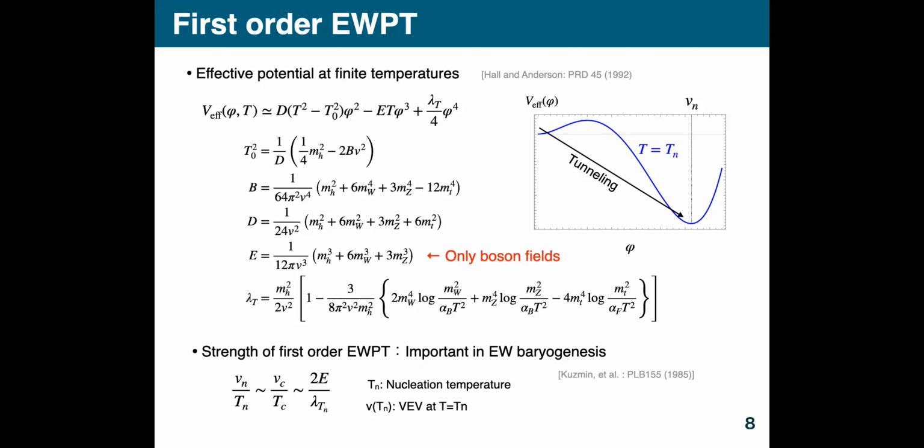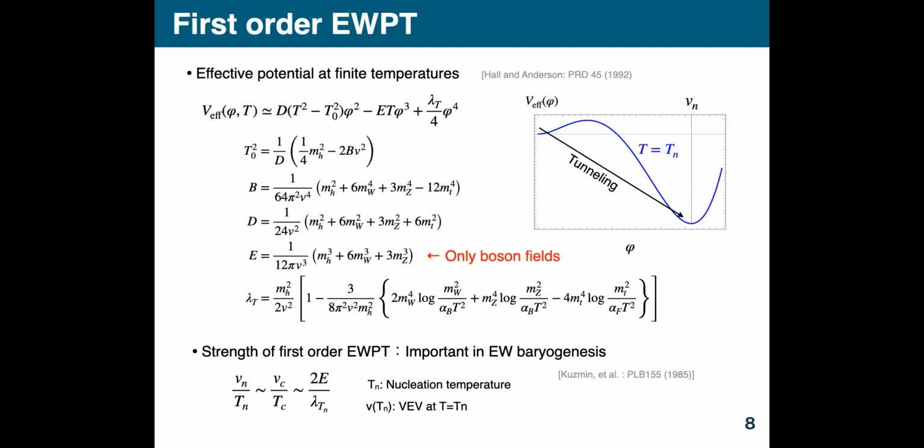When we consider a new physics model, it is not trivial to show whether this model really realizes the first order electroweak transition or not. It means that you are not sure that a first order phase transition really occurs even if you have the extra scalar, unless you study lattice calculation.